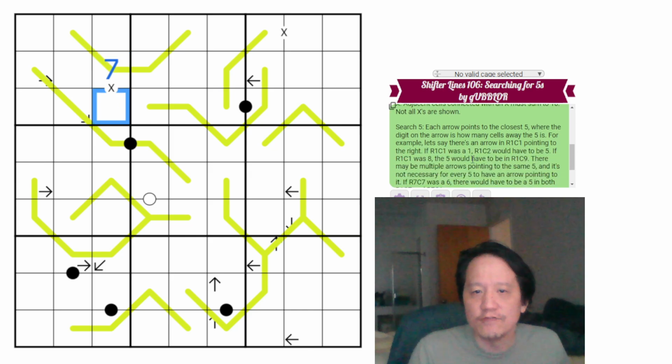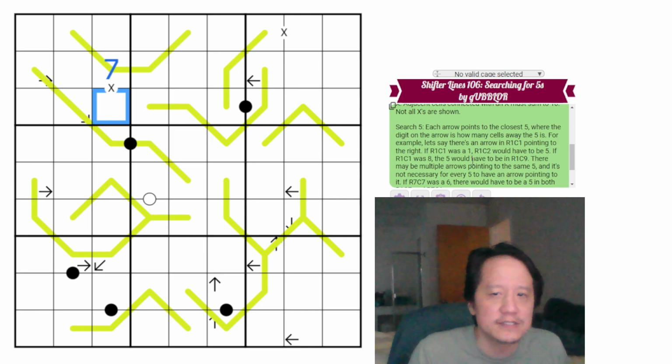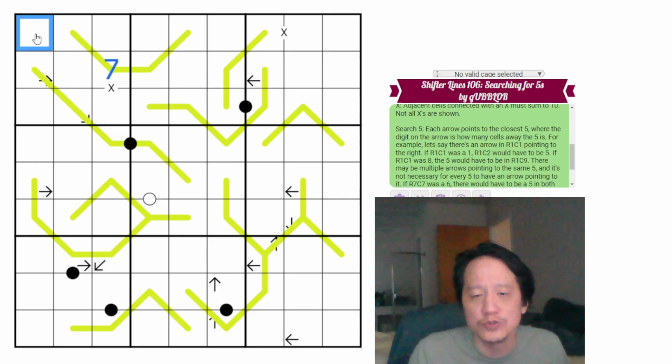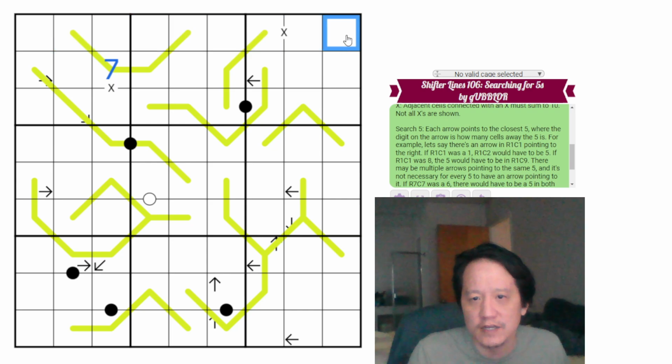Search 5. Each arrow points to the closest 5 where the digit on the arrow is how many cells away the 5 is. For example, let's say there's an arrow in R1C1, pointing to the right. If R1C1 was 8, the 5 would have to be in R1C9.